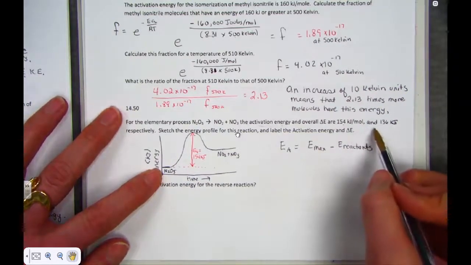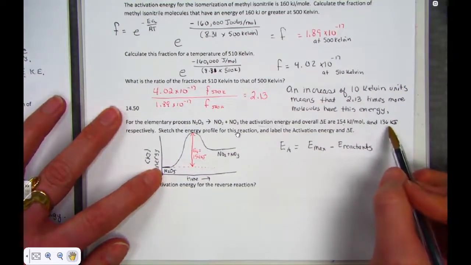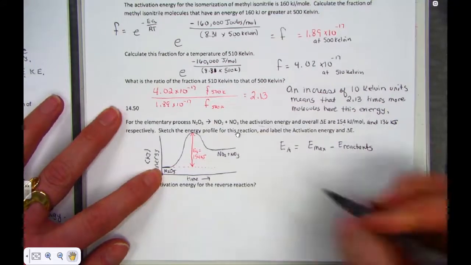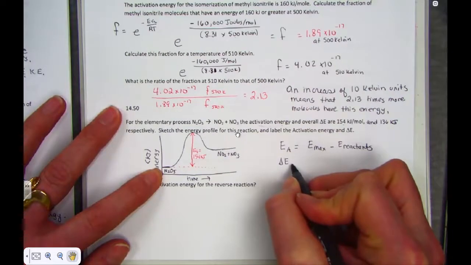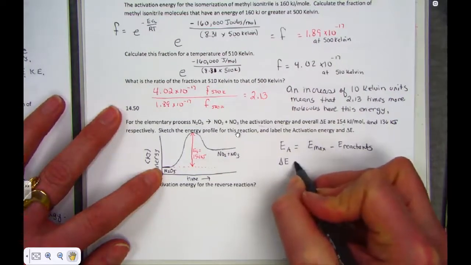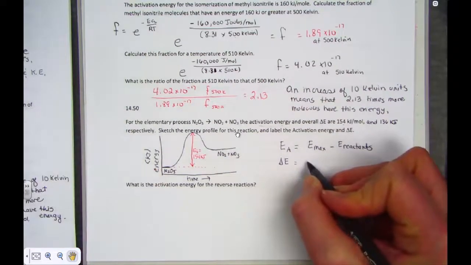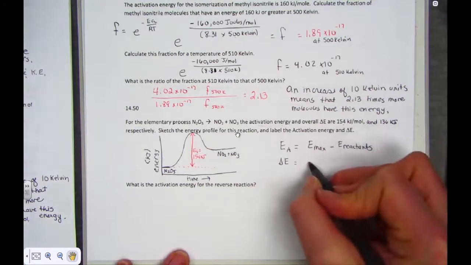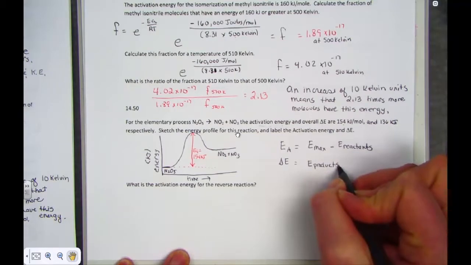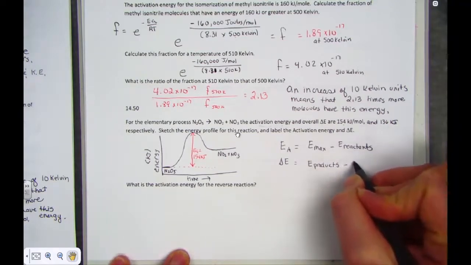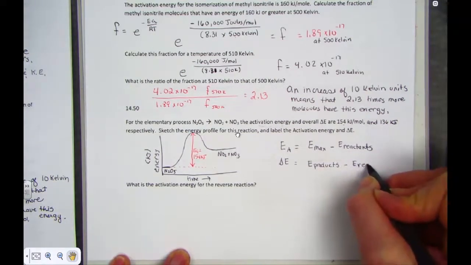The other part we're asked to label is the 136 kilojoules, and that's called the delta E, the change of the energy in the overall equation. Now think about that. Delta E is found by taking the energy where the products reside minus the energy where the reactants reside.